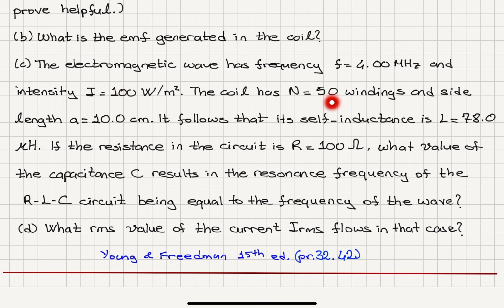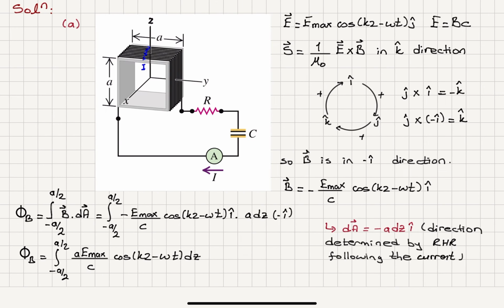The coil has capital N equals 50 windings and side length A equals 10 centimeters. It follows that its self-inductance L is 78 microhenries. If the resistance in the circuit R is equal to 100 ohms, what value of the capacitance C results in the resonance frequency of the RLC circuit being equal to the frequency of the wave?